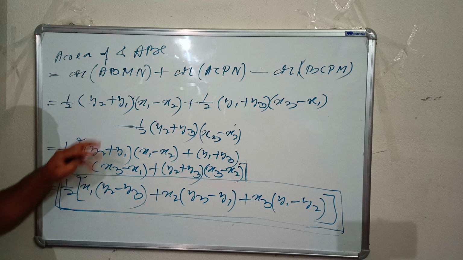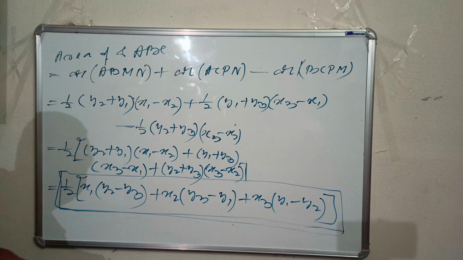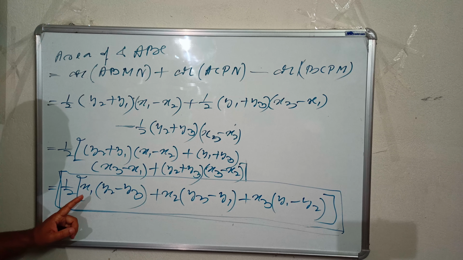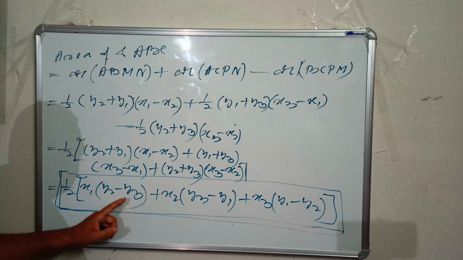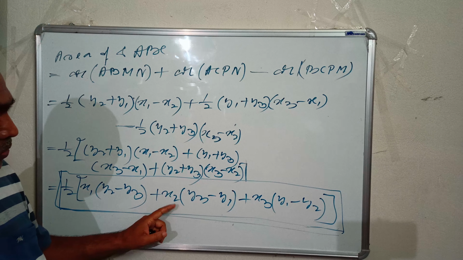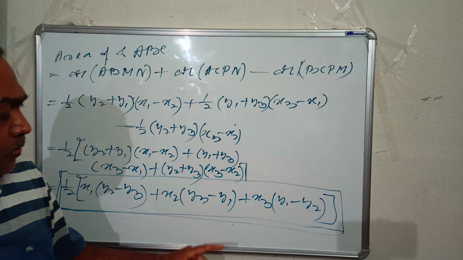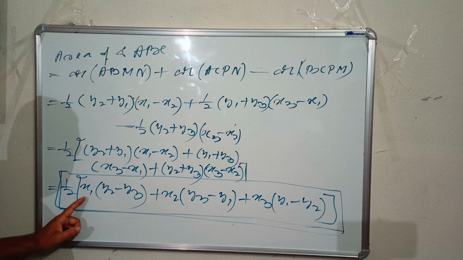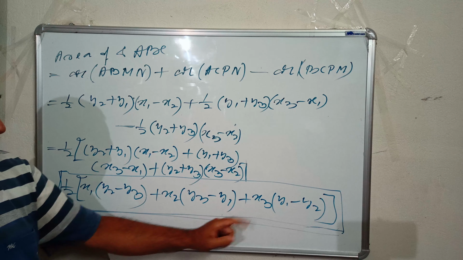How it is coming is not that important, but I have shown you. You remember this formula: half into x1 into y2 minus y3, plus x2 into y3 minus y1, plus x3 into y1 minus y2. How to remember?